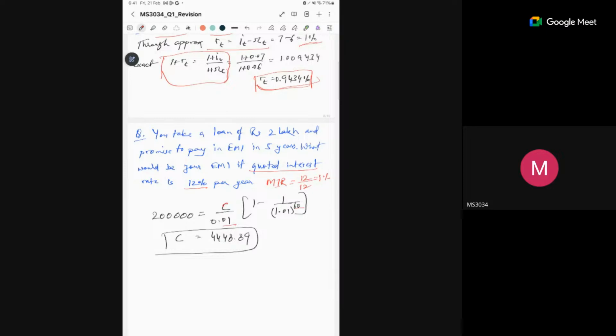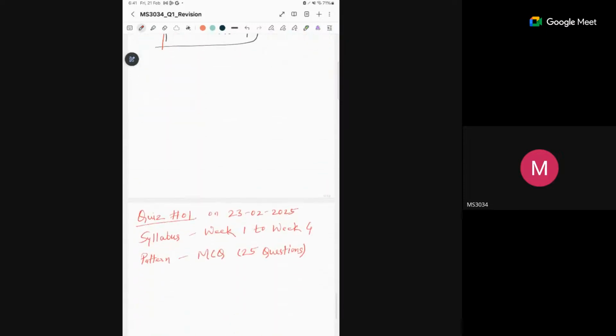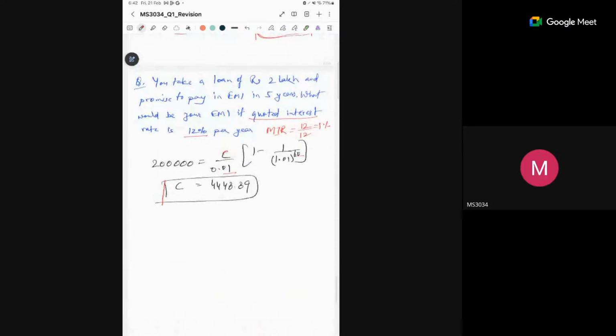If I apply this formula, I come up to my EMI value, or the constant payment value, of approximately 4,449 rupees. Okay, so these were the examples which I had.